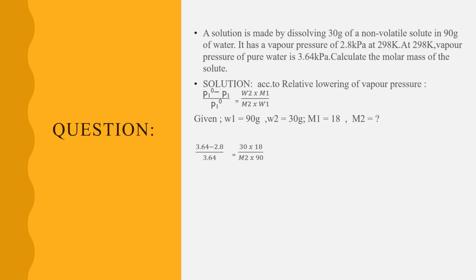So on putting these values into the equation of relative lowering of vapor pressure, we can easily find out the value of M2. On solving the equation, M2, the molar mass of the solute, will be equal to 26 gram per mole.